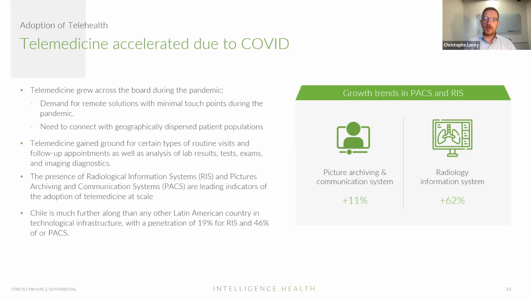That's why we chose to feature the data points around the picture archiving communication system, otherwise known as PACS, as well as the radiology information system data, or RIS, because those are critical for more advanced uses of telehealth, including the exchange of images.